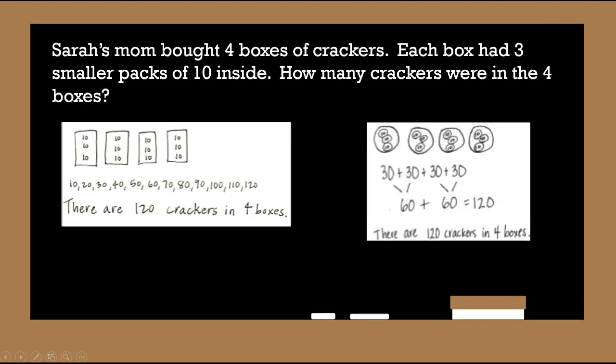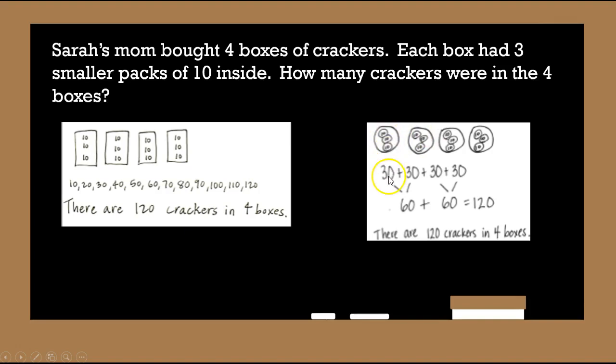Another way you could solve this is by doing something similar here. You could do a box or a circle, and you could do each of these as 10. And you could say, oh, there's 10, 20, 30 in each box, and there's 4 boxes.